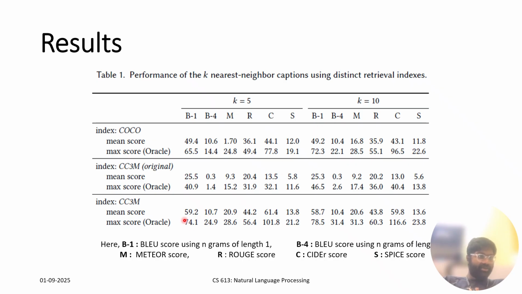Similarly, using five captions, we got 74.1 using Oracle, and here we got 78.5. Here also 40.9 and 46.5, 65.5 and 72.3. So using an external database is really useful in increasing the context, and this paper is useful.